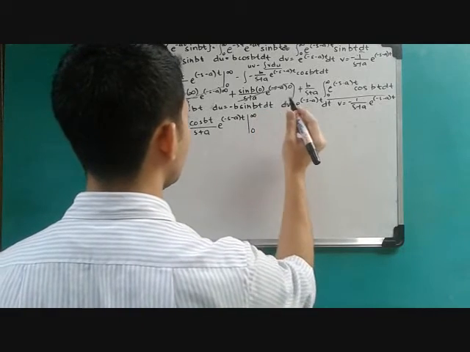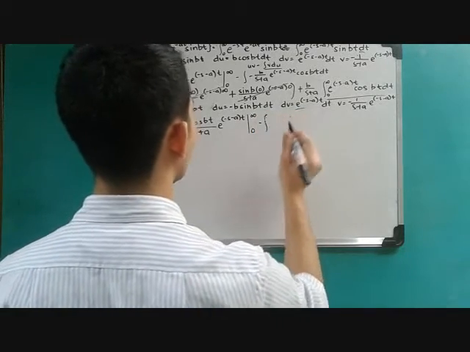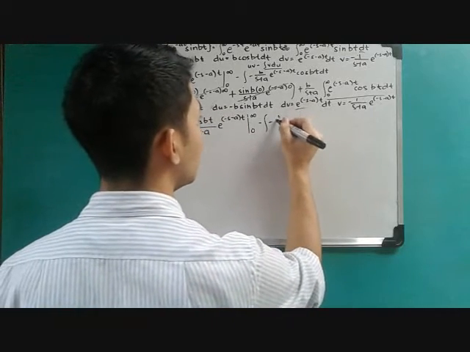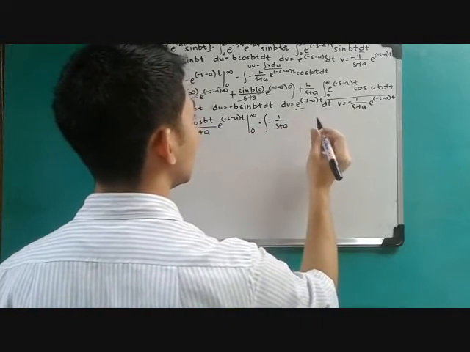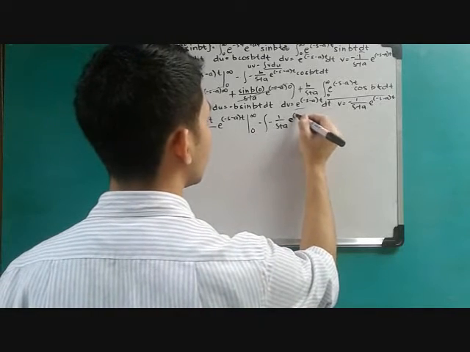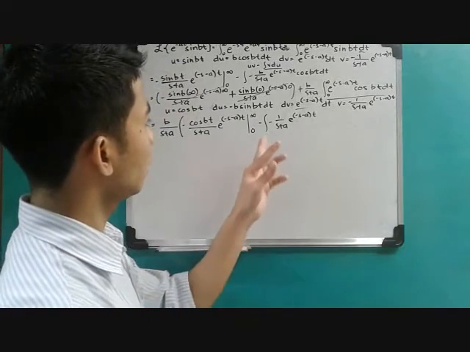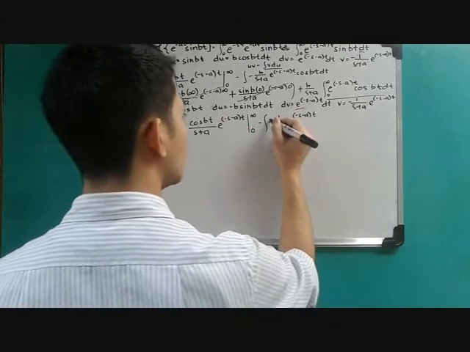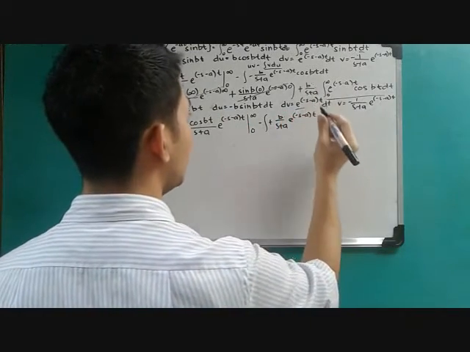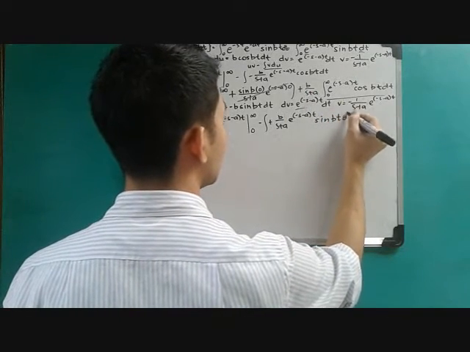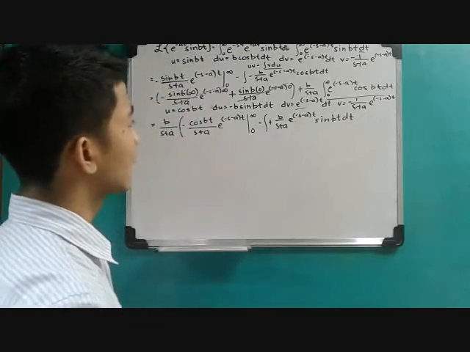Limits are from 0 to infinity, minus the integration of v, which is negative 1 over s plus a times e raised to the quantity negative s minus a times t, and your du is equal to negative b sine bt dt.